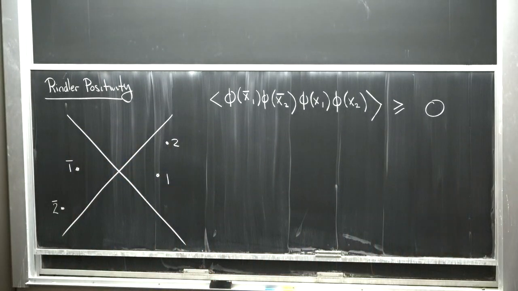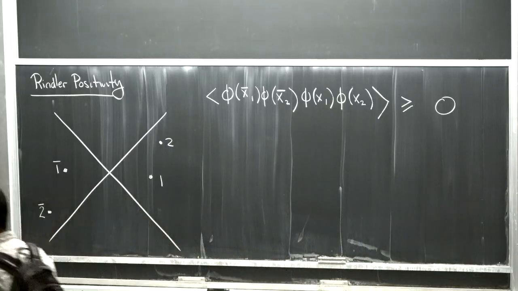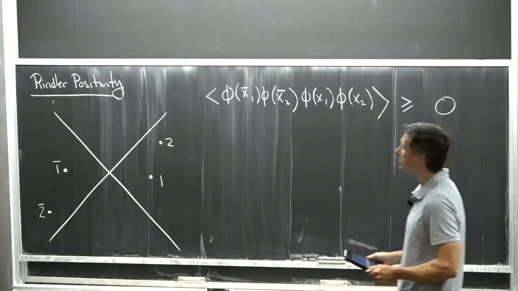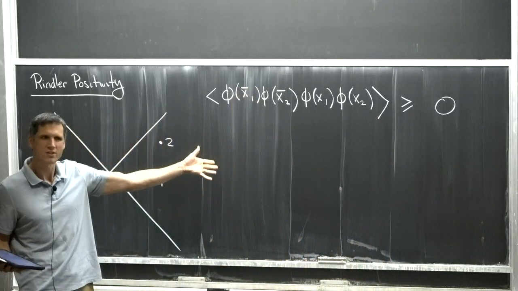So we are glad to have Tom back telling us a little more about this morning, Rindler positivity. Okay, so last time at the end, we started talking about this other positivity. At the beginning last time, we talked about reflection positivity.